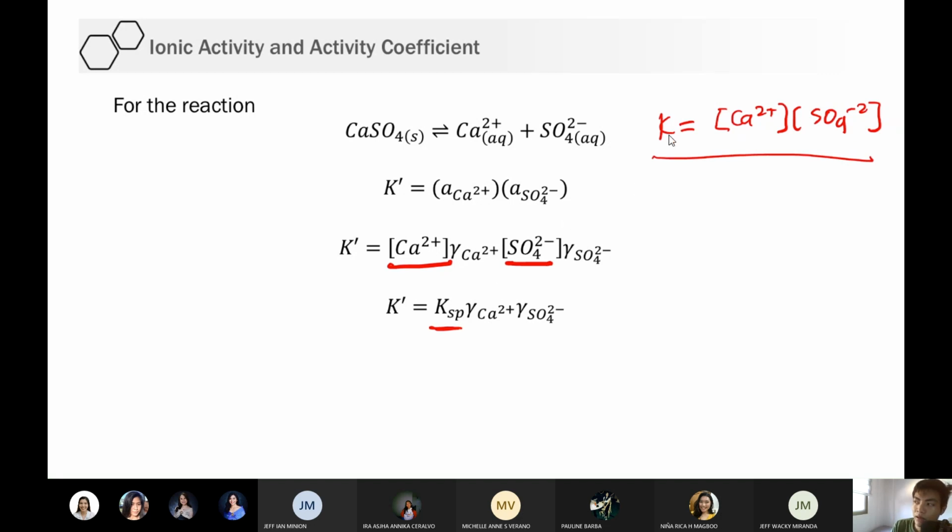By the way, the equilibrium constant for precipitates is called KSP, or the solubility product constant. That will be discussed in your laboratory, so your lab instructor will focus on this one. So KSP is the solubility product constant, or just the K for precipitates. Again, if you combine the concentrations, you will get your original K expression times the gammas, the activity coefficients.